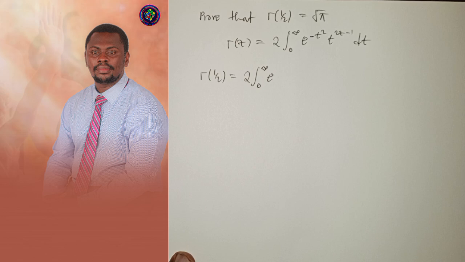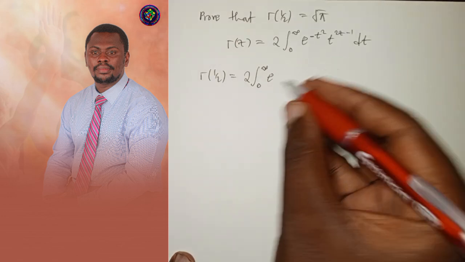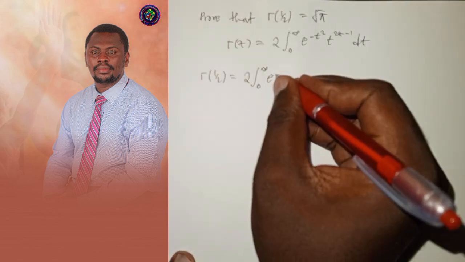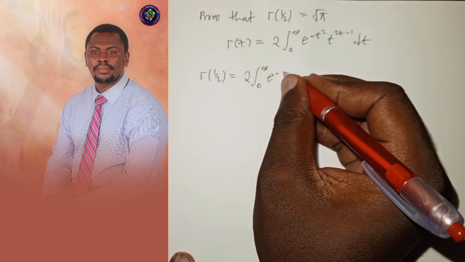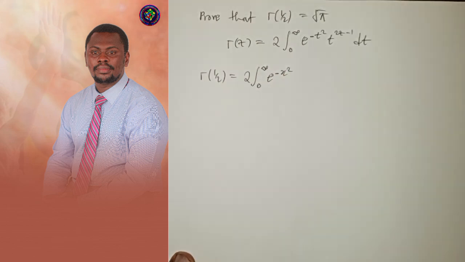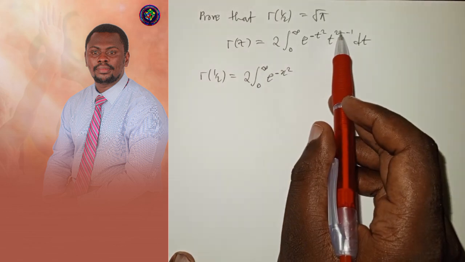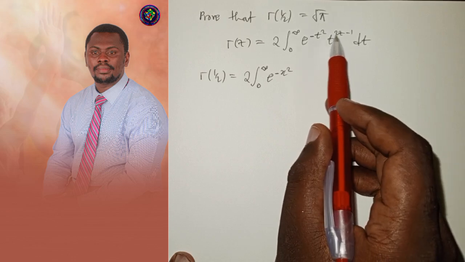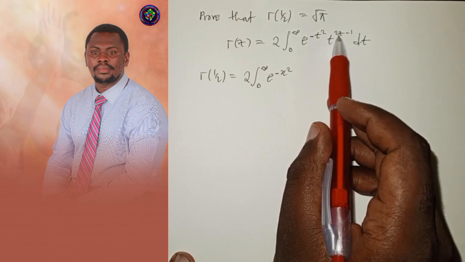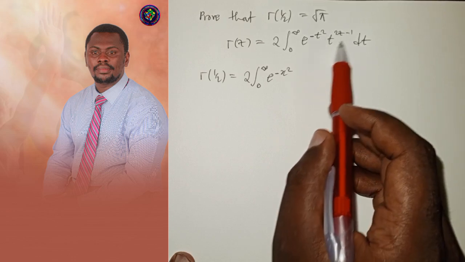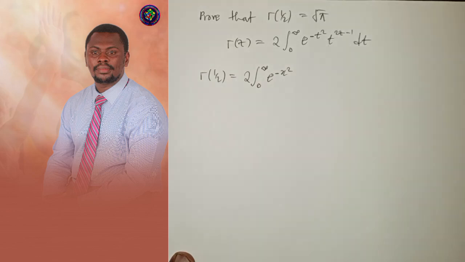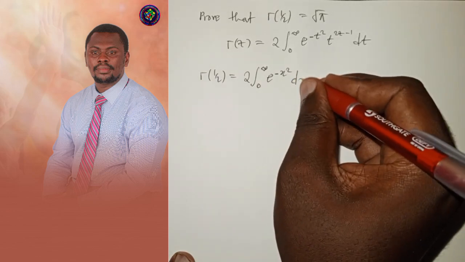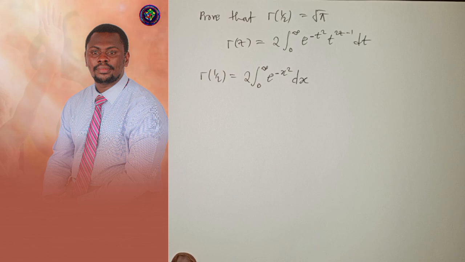Where there is t, we put an x, so exponent of minus x squared. If we put 1 over 2 where there is z, it will be 2 multiplied by 1 over 2, which is 1. 1 minus 1 is 0, so we cancel out this t and remain with just the dx. That is in terms of x.